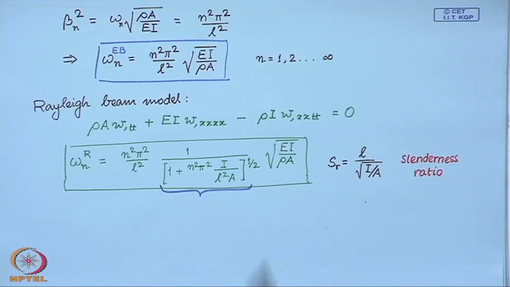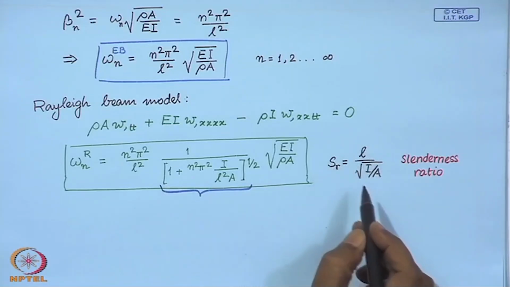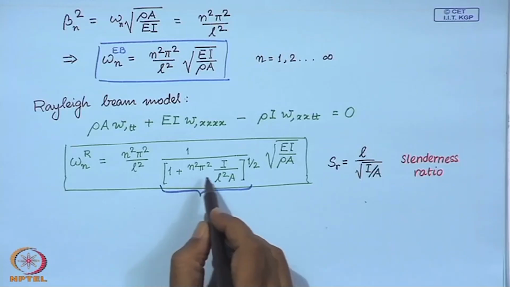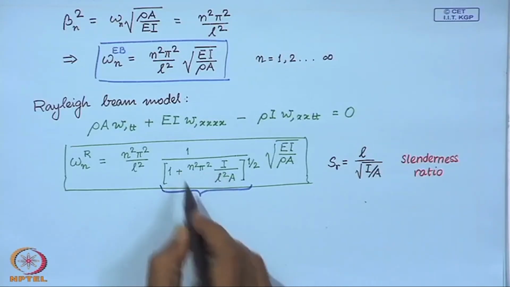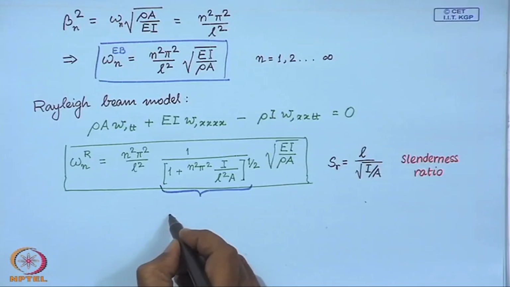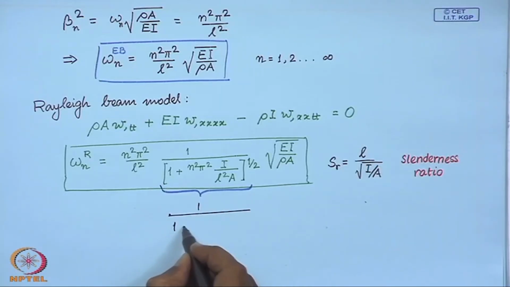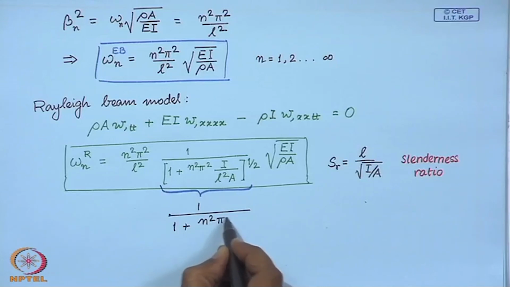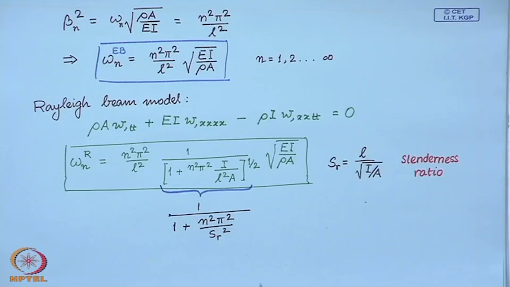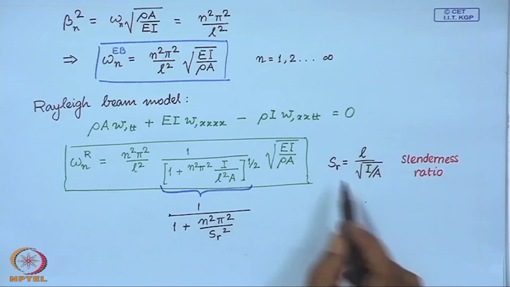So, you see if the beam is very slender, which means slenderness ratio is very high, then this term I can write as, now, if the slenderness ratio is very high, then for lower modes this term is negligible, say n equal to 1, 2, and if the slenderness ratio is for example 10, suppose the slenderness ratio is 10.